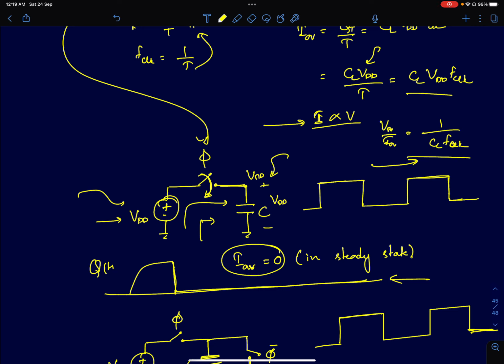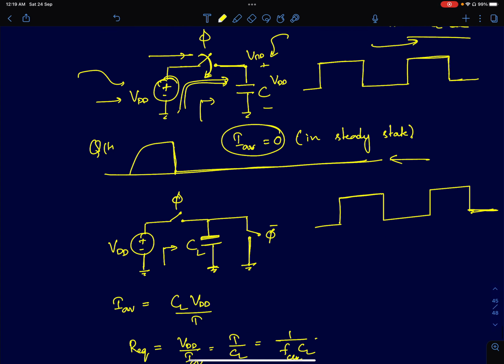Because the capacitor holds on to the charge VDD even when the switch is open, when the switch is turned on in the next cycle, no charge is demanded from the voltage source VDD. But if I can discharge this charge in one half of the cycle, then when the next clock cycle arrives, the capacitor voltage is going to be 0, so the charge will immediately be transferred from the supply to the capacitor.